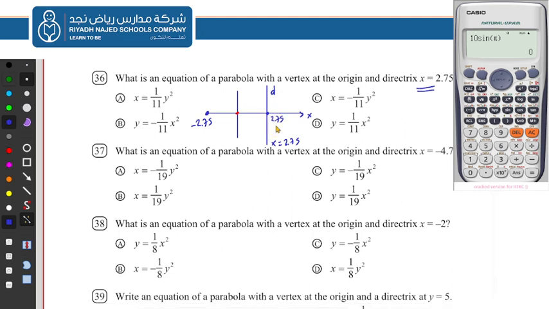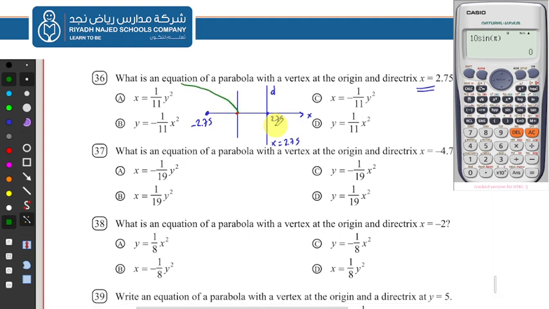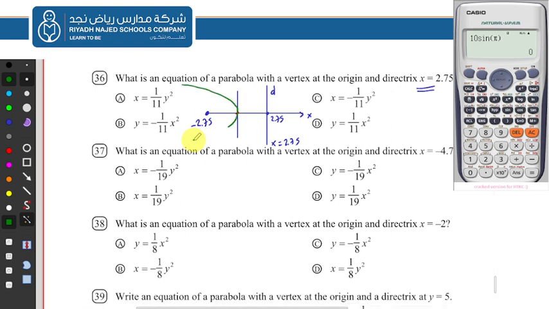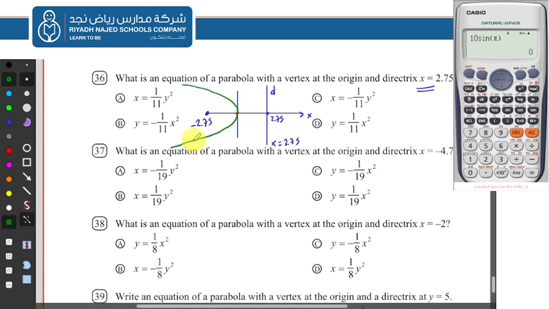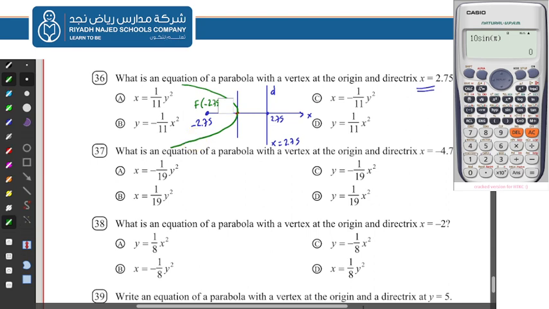And thus the graph must contain the focus, so the graph will be similar to this, and it is horizontal, opening to the left, and c is equal to, this is F. The coordinates of F are negative 2.75 and 0. So c is equal to negative 2.75.